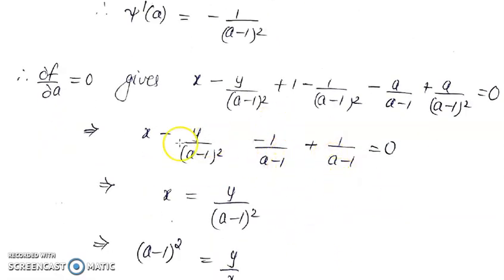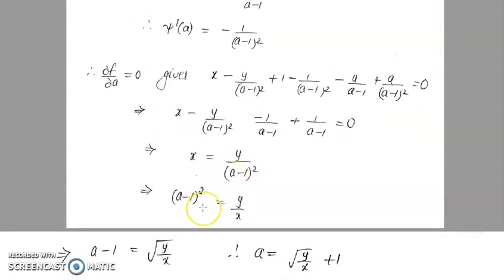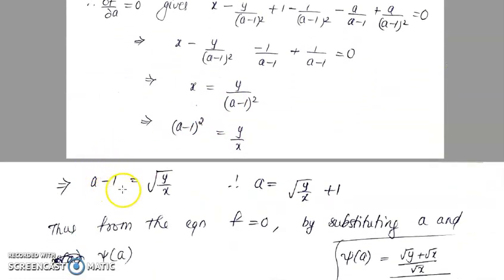So this is going to cancel out. That gives me x = y/(a - 1)². So I'll get a - 1 as root of y by x, which gives a = √(y/x) + 1.